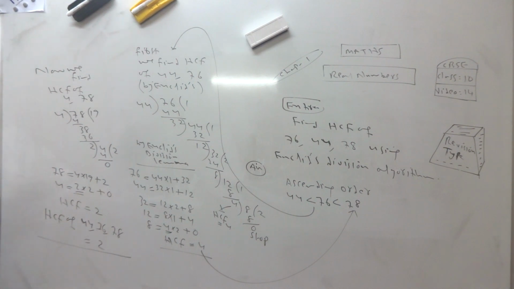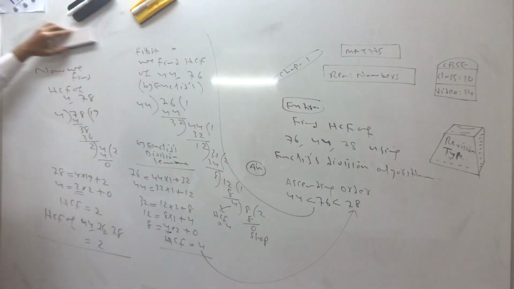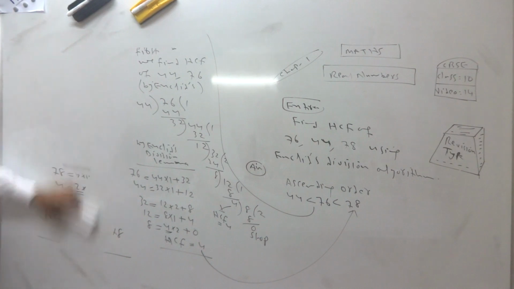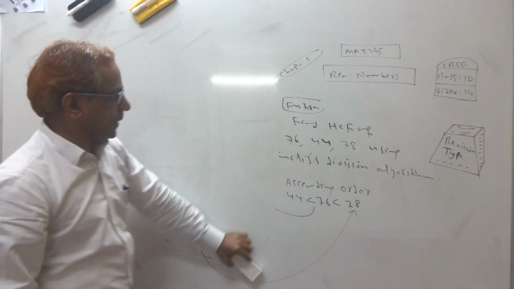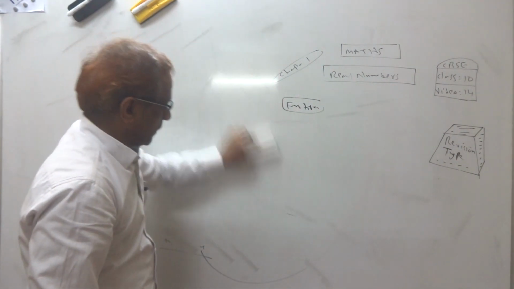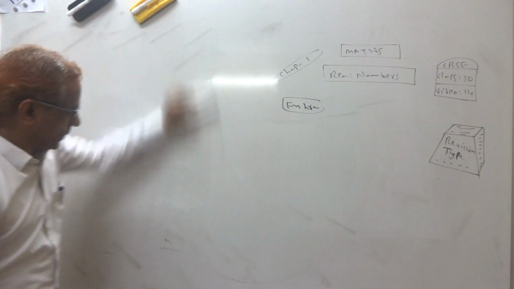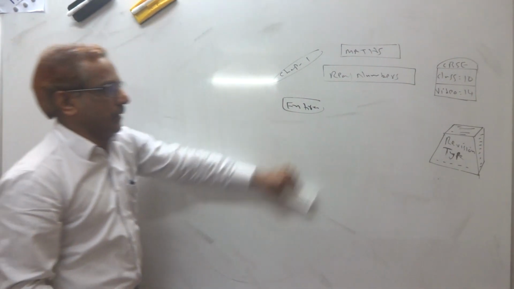What is the highest common factor of 3 numbers? 2. Okay? Because this video is only for revision of the first chapter. Then next video we start the second chapter, polynomials.